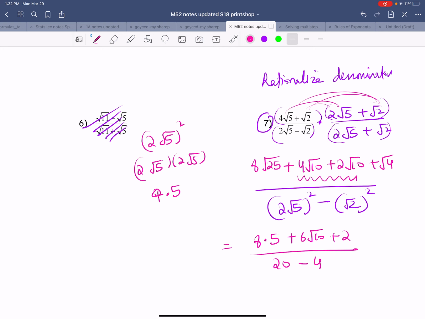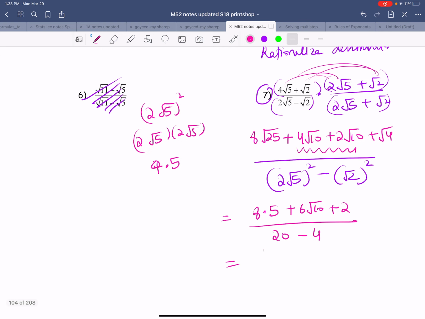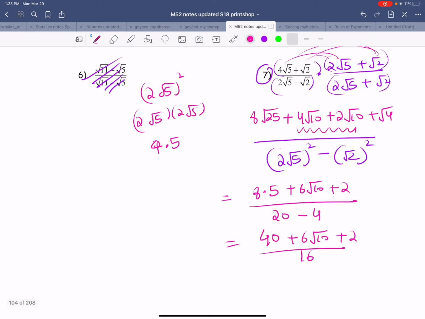So 20 minus 4. Simplification required: 8 times 5 is 40, plus 6 root 10 plus 2 over 20 minus 4 is 16. So 42 plus 6 root 10 over 16.